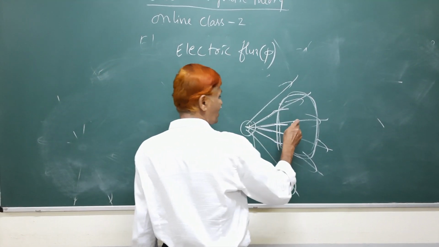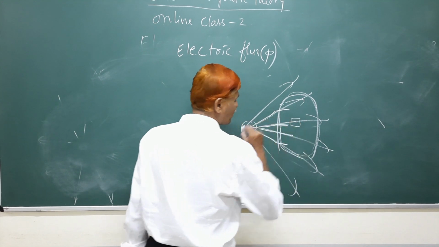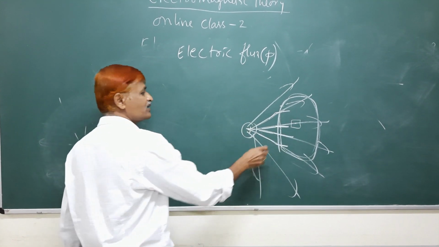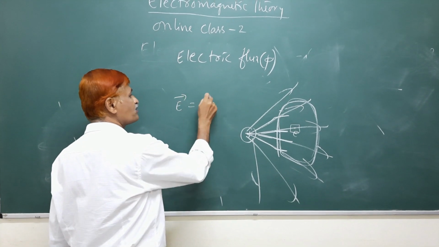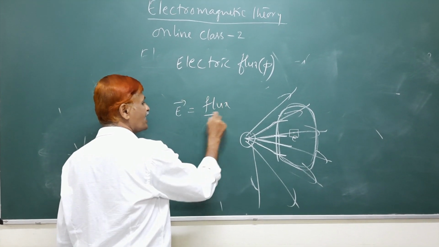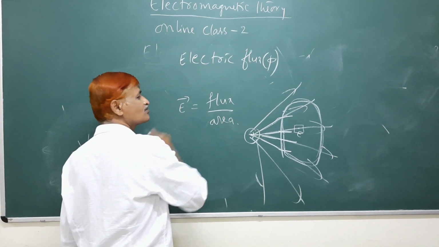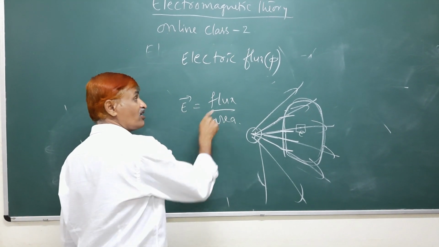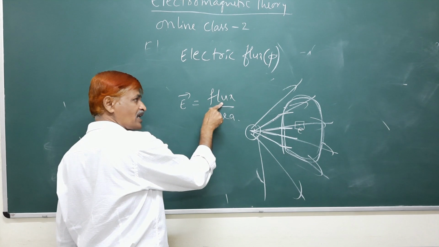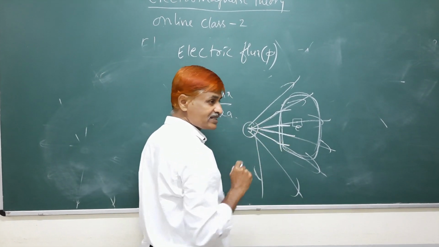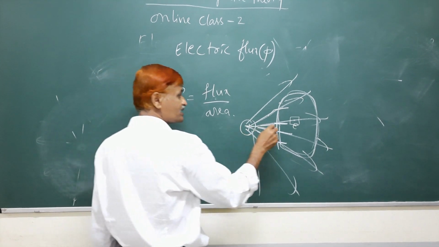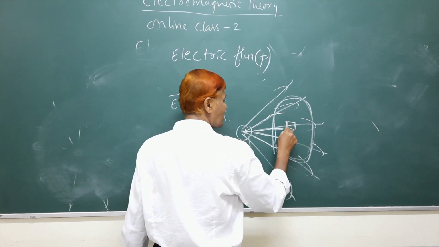Flux per unit area: if you take per unit area around a point, that gives electric intensity. So electric intensity is nothing but flux divided by area. Flux is a scalar quantity, and usually area is a scalar quantity, but here we always take the normal area.